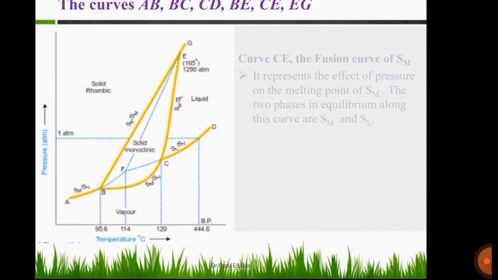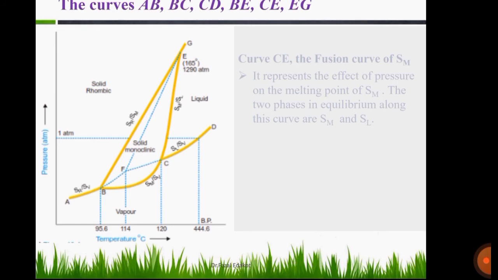Thus the increase of pressure will shift the equilibrium to the left. It is according to Le Chatelier's principle, and the transition temperature will therefore be raised. This is why the line BE slopes away from the pressure axis, showing thereby that the transition temperature is raised with the increase of pressure.